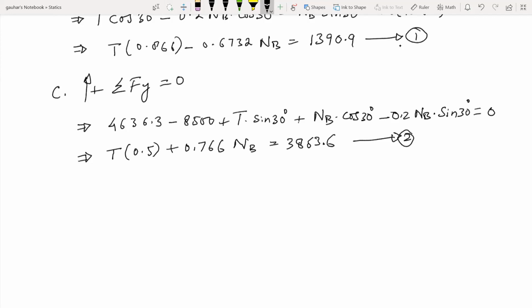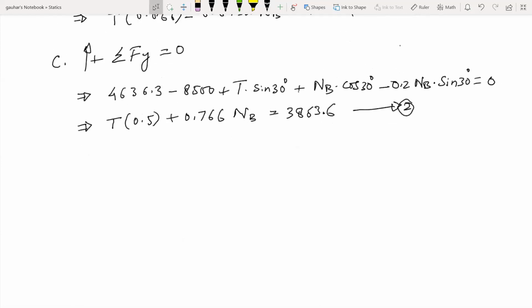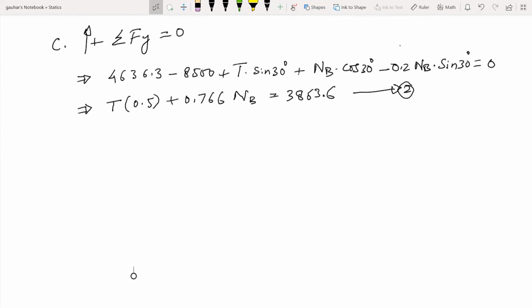So now with equation 1 and equation 2, we only have 2 unknowns, which are the tension force in the cable T and N sub B, the normal force at point B, right? So 2 equations, 2 unknowns. We can just solve these 2 equations and get these 2 unknowns, right? You can solve these equations with any method you like, and we can say this is the third part of the problem.